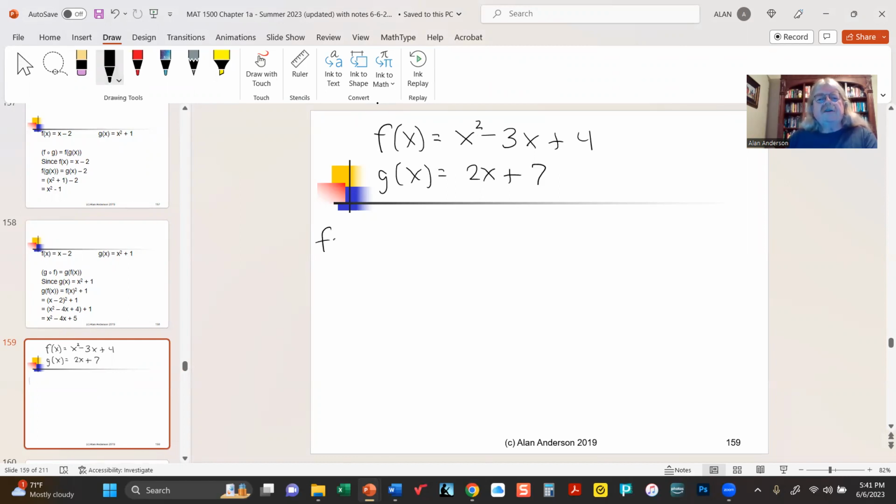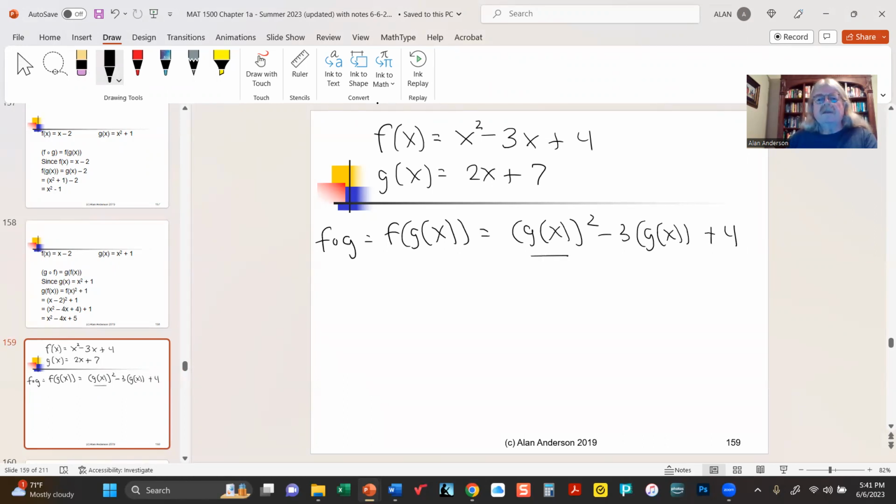So f of g of x would mean all of these x's are being replaced with g of x. So here's where we had an x squared, and then here's negative 3x. Okay, so the x's are being replaced. So I'm going to have 2x plus 7 squared minus 3 times 2x plus 7 plus 4.